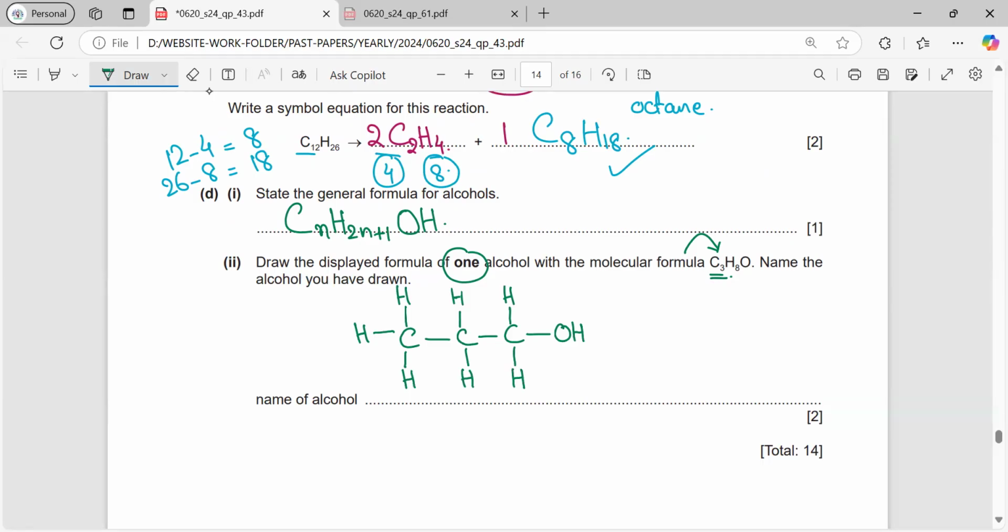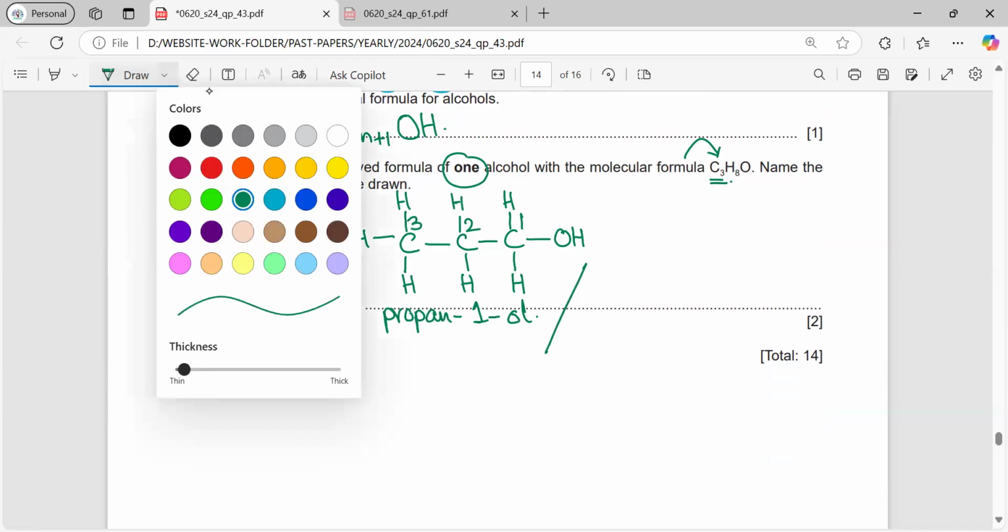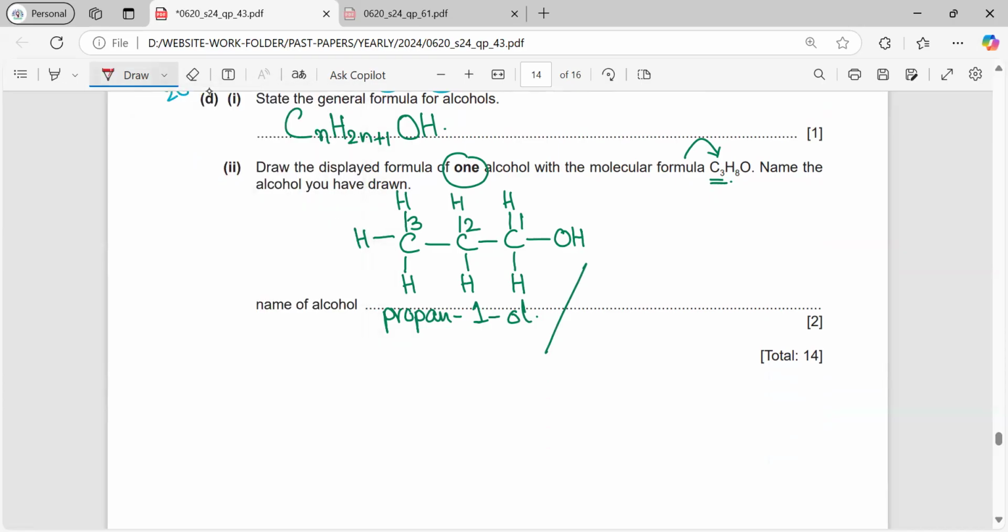This is propanol. Because the OH is attached on carbon 1, we write it as propan-1-ol. Because they have not mentioned which alcohol to draw, we can also draw propan-2-ol, and this will also be considered correct.